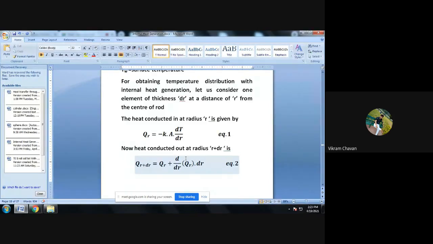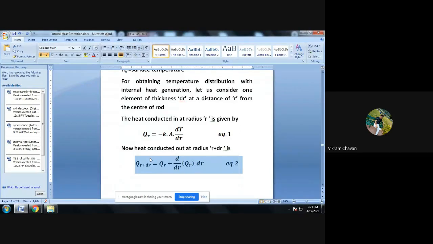ओके, फर्दर नाउ हीट एंटर होने वाली हमें पता चल गई, अब बाहर कितनी निकलेगी. जो अंदर आई हुई है और जो जनरेट की हुई है उसमें से कुछ चेंज होकर बाहर निकलेगी.